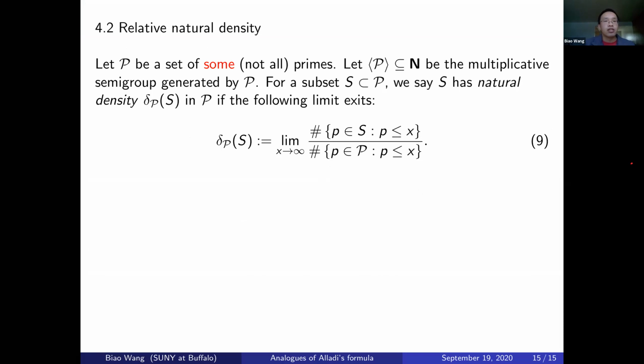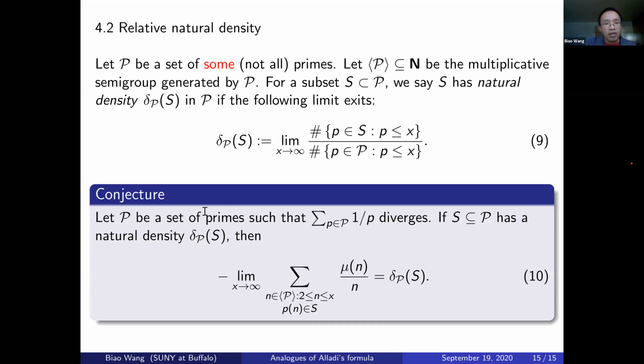The second conjecture is that we can generalize the natural density to the relative natural density. Here, P is a set of some primes, not all. Before, P was all primes. Then the angle bracket of P is the multiplicative semigroup generated by P, and we say S has a natural density in P if the following limit exists.